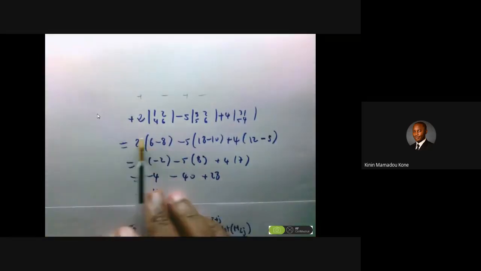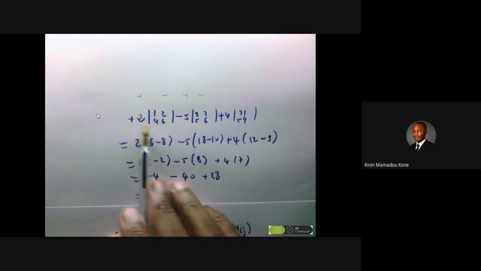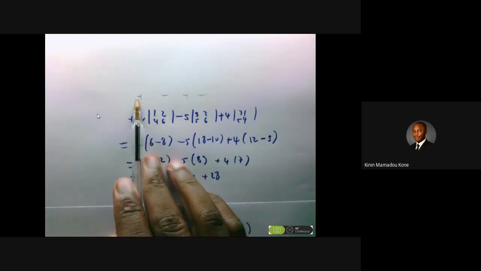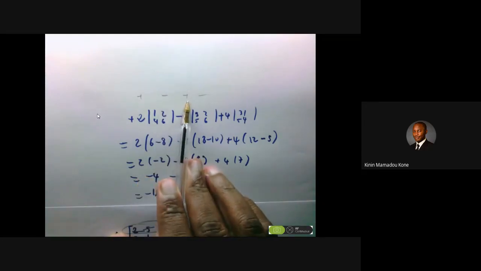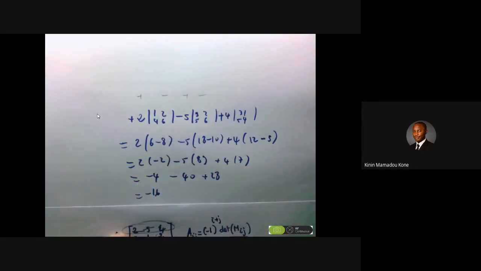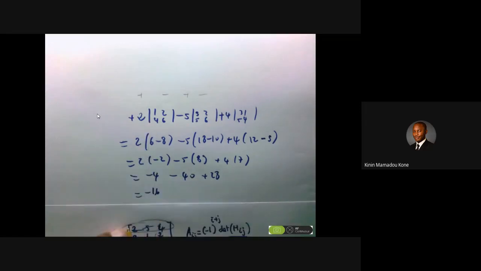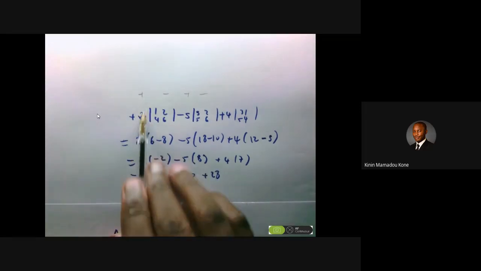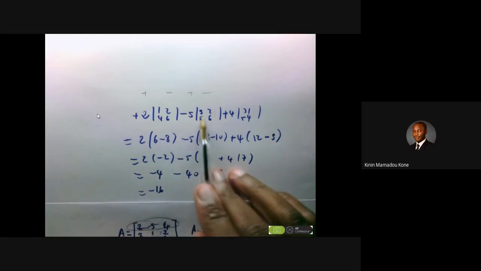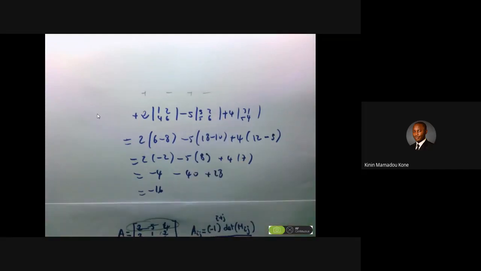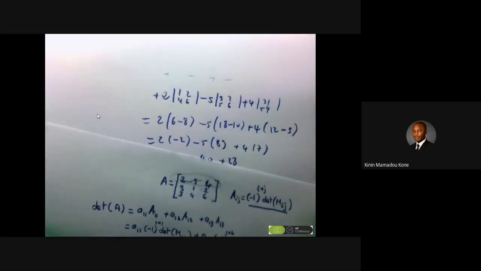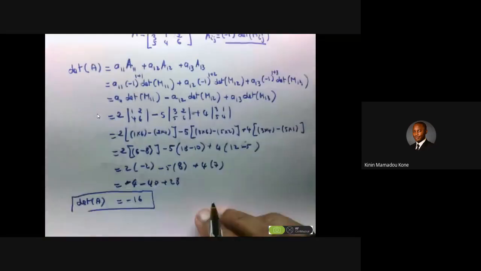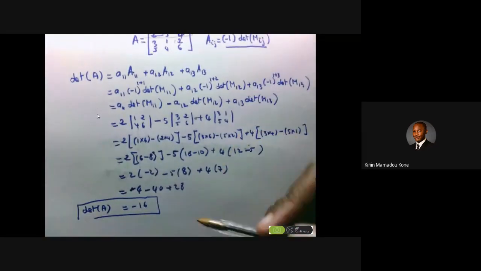The first term will have a plus sign, the next term a negative sign, the third one a positive one, etc. And then you take the first entry, and you delete the row and the column, take the determinant, etc. In this way, you don't think too much. Just apply the way of calculating. But here, you're actually using the official formula to find the answer.